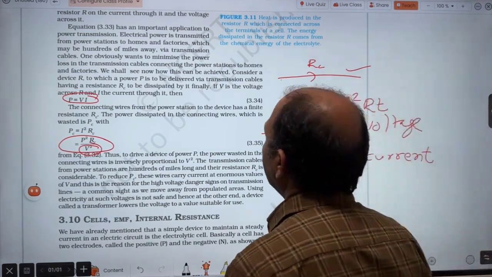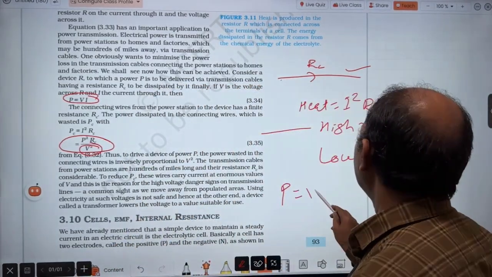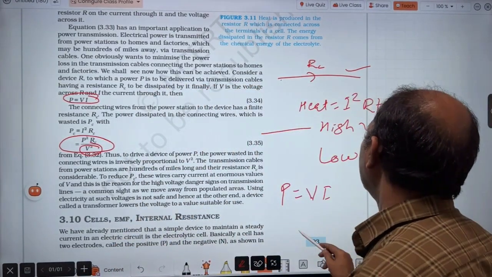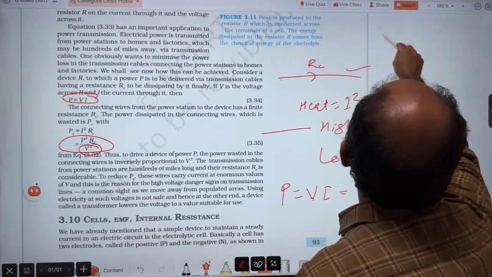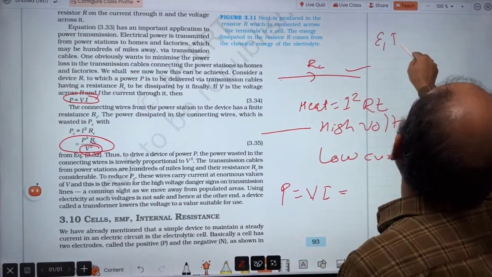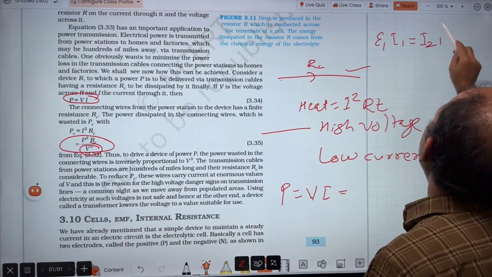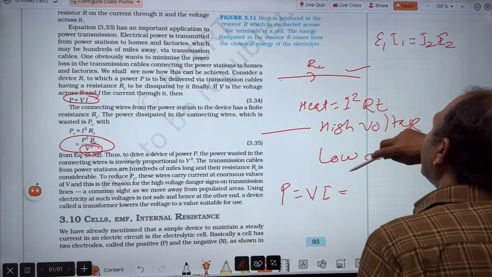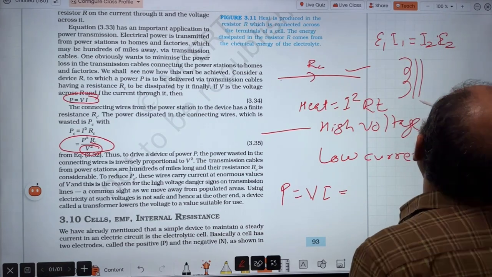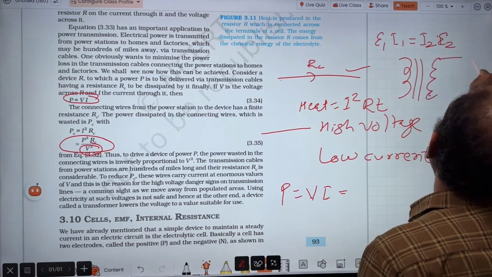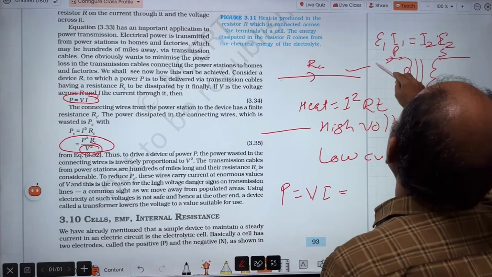That you will study in the transformer topic, where power will be VI, the product of input voltage and input current. So there you will study E1 I1 equal to E2 I2. There will be a transformer like this, you will see later on, in which this is the primary coil and this is the secondary coil, and they carry currents.